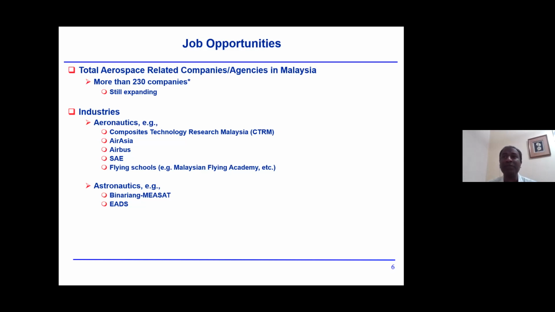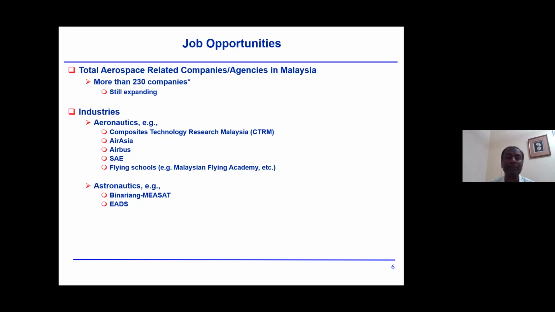If you look at aerospace engineers, they are actually everywhere and anywhere in the company. So that is a very good selling point for our aerospace engineering degree. Now for astronautics, by virtue, the actual scope and the market is much smaller compared to aeronautical.